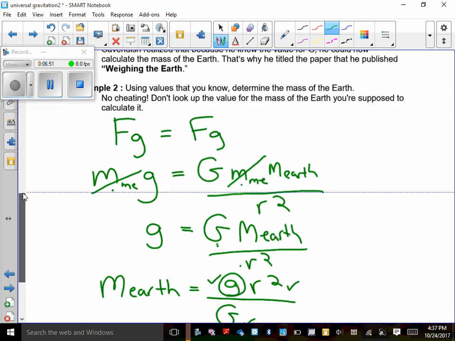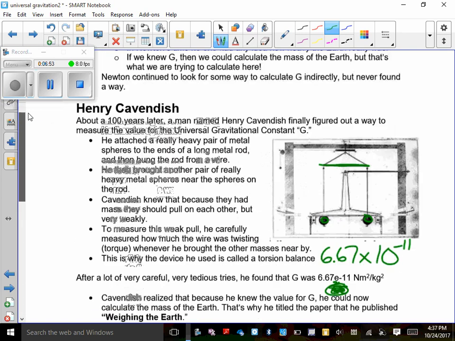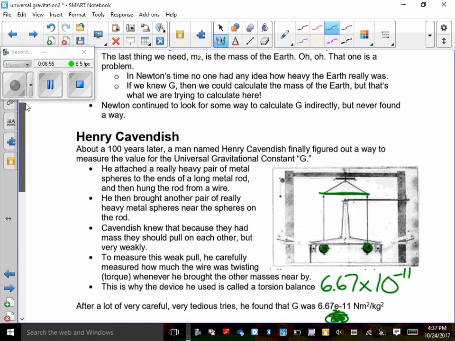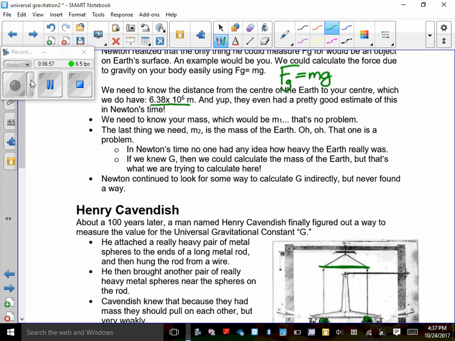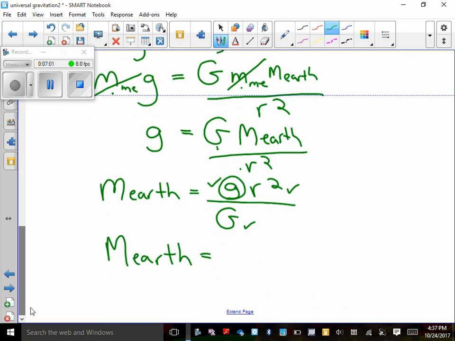R, we were told the radius of the Earth somewhere up here. Where were we told it? There we go, 6.38 times 10 to the 6 meters. And we were also told big G, that is a constant that's on your formula sheet. So I'd like you to calculate that out. I'd like you to press pause here, and I'll share the answer I got and see how we do.